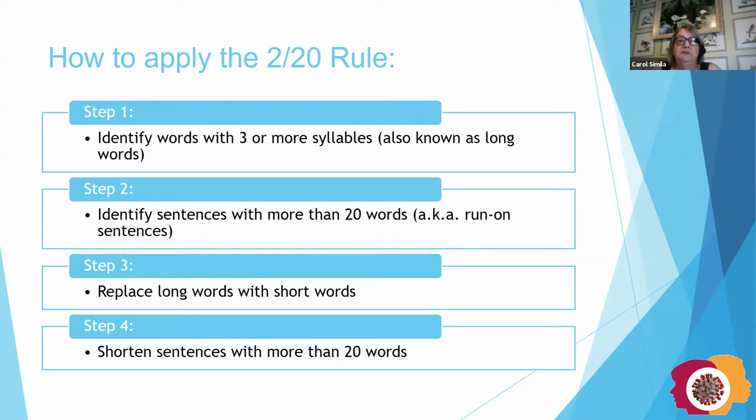Shortening sentences is a fun exercise. I love it. I encourage you to do it for fun and pleasure. Just chop a sentence in half. Put in a period and start it anew. Take out the conjunctions and just start a new sentence. It works many times to simplify and shorten sentences.